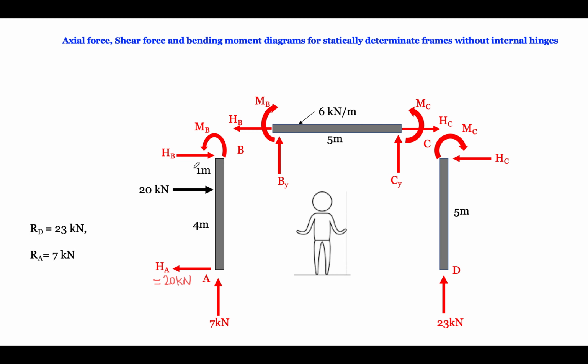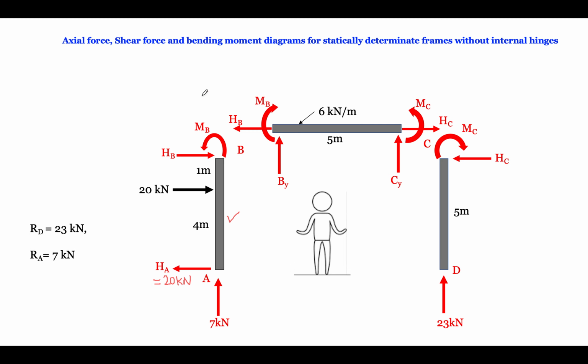Now when we have written HB in this direction, everything should be in equilibrium. So first we will see the equilibrium of the individual member, and there should be equilibrium of the overall system also. When equilibrium of each individual member is achieved, then equilibrium of the overall system will also be automatically achieved.